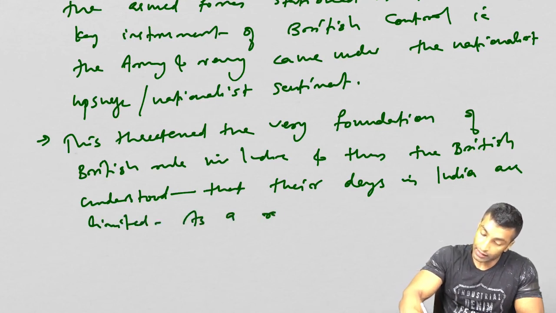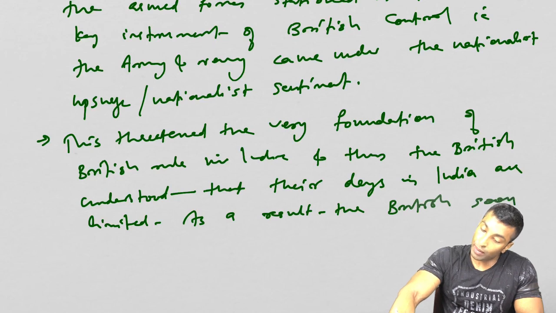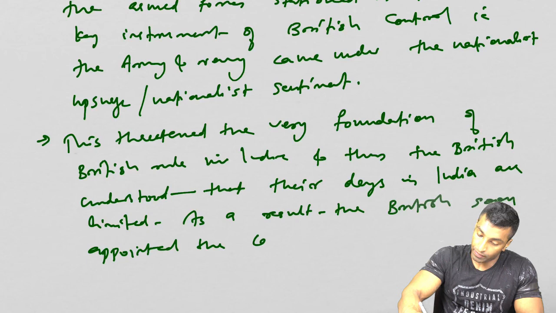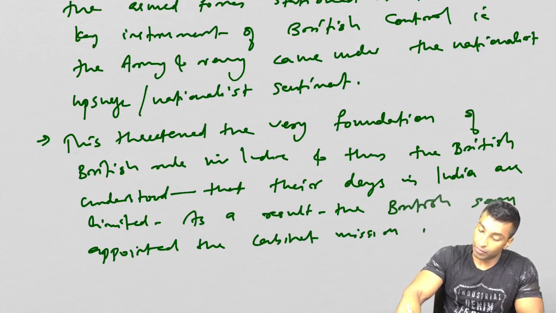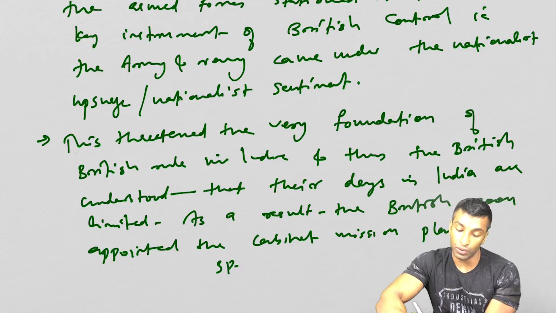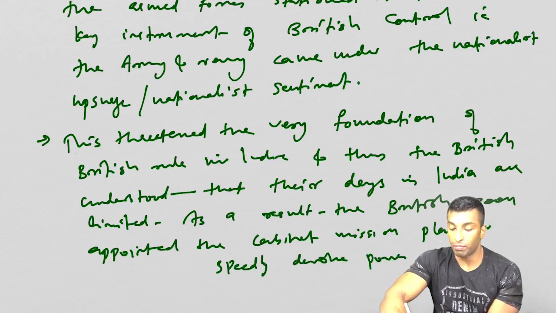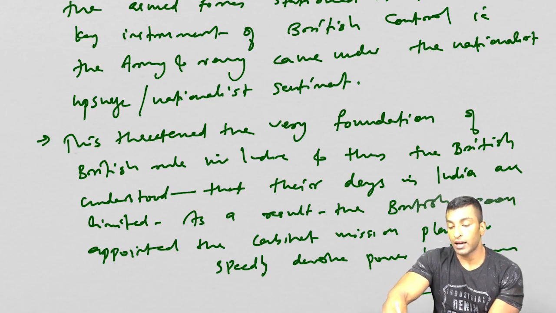Okay, as a result, the British soon appointed the Cabinet Mission Plan to speedily devolve power to Indians at an early date.